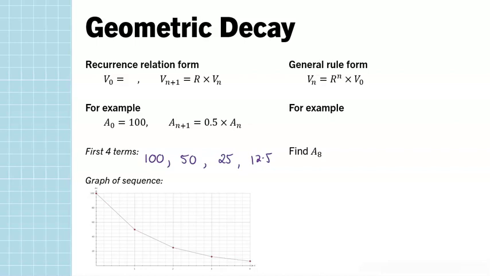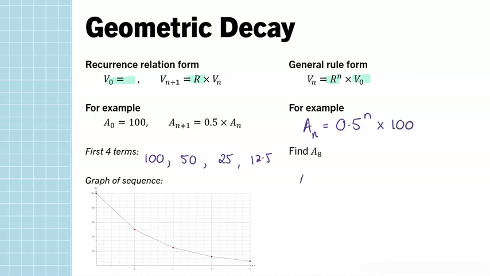When we convert to our general rule, again we're picking up our initial term and our multiplier R and substituting those in. For our example here, we would have An equal to R, so 0.5 to the power of n, times our initial value of 100.